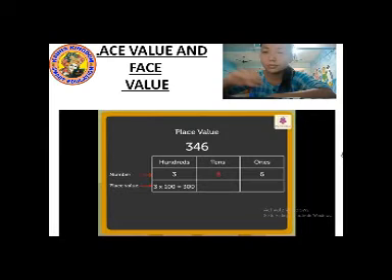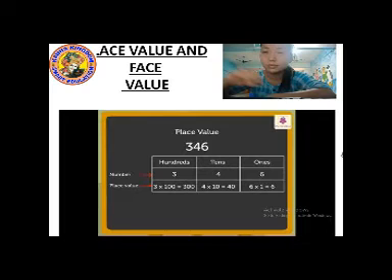As the number 4 is in the tens column, it means that there are 4 tens, and so its place value is 4 into 10, that is 40. As the number 6 is in the ones column, it means that there are 6 ones, and so its place value is 6 into 1, that is 6.